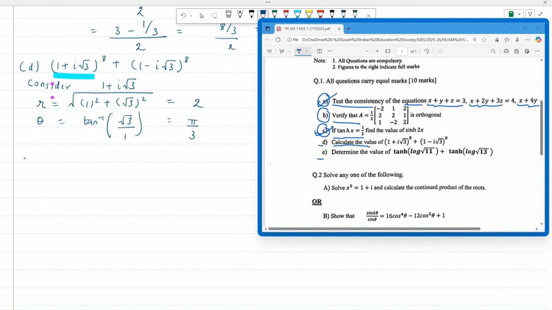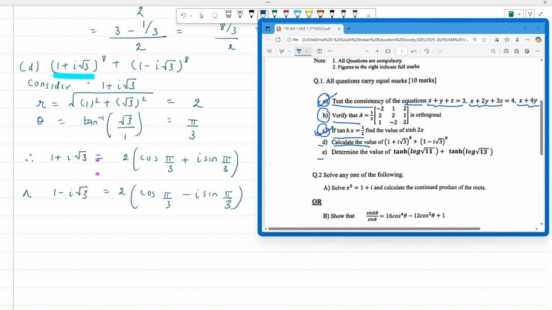So therefore, 1 plus i root 3 in polar form can be written as 2 times cos of pi by 3 plus i times sine of pi by 3. And similarly, its complex conjugate is going to be 2 times cos of pi by 3 minus i times sine of pi by 3.